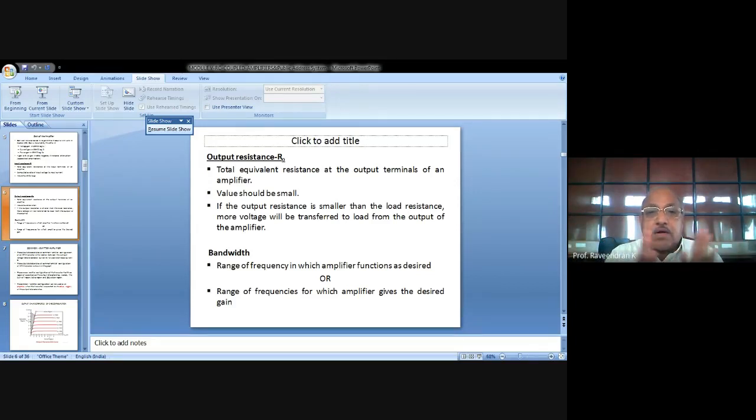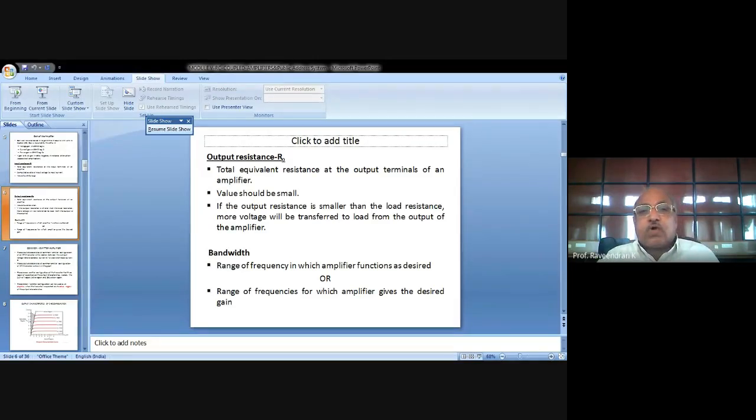The active region of the transistor in the CE configuration will give an amplified signal if you give an input to the common emitter configuration. The signal will be amplified to a certain desired level with certain gain: voltage gain, current gain, and power gain. So that is why common emitter configuration is very widely used as a common emitter amplifier.